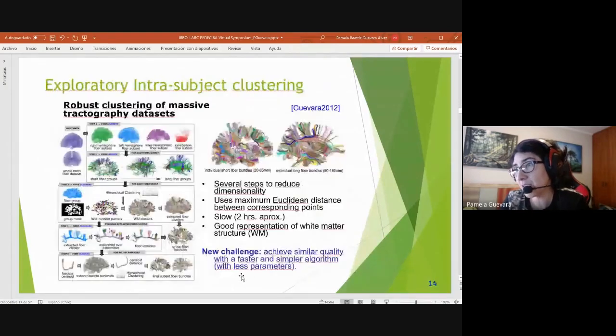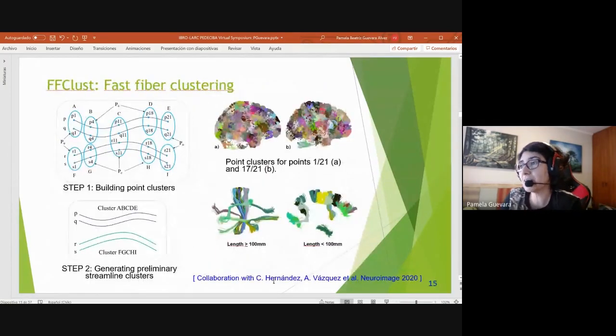So this was one approach, and we have a very new method that performed the analysis in a totally different way, but found the same kind of result. It used the point information to regroup the points of the fibers and then extract the bundles.